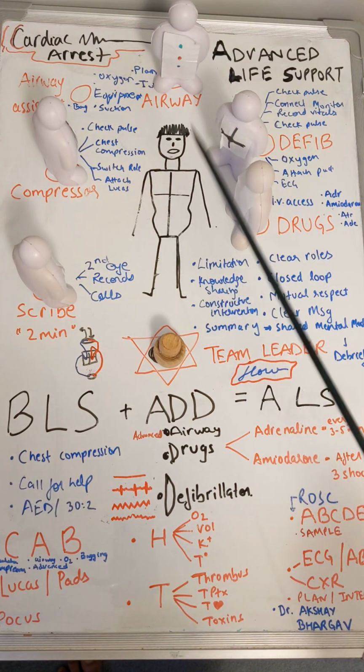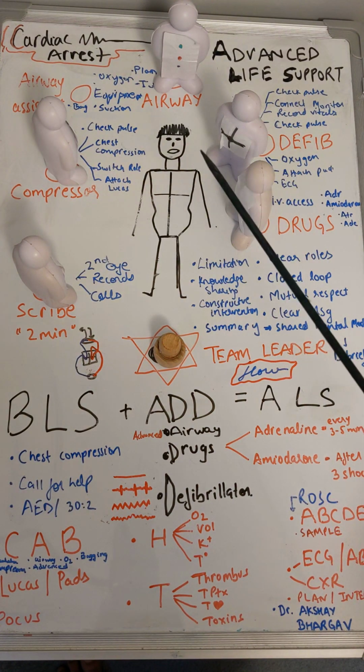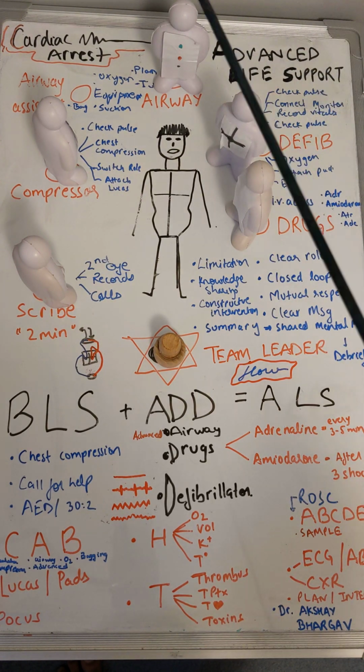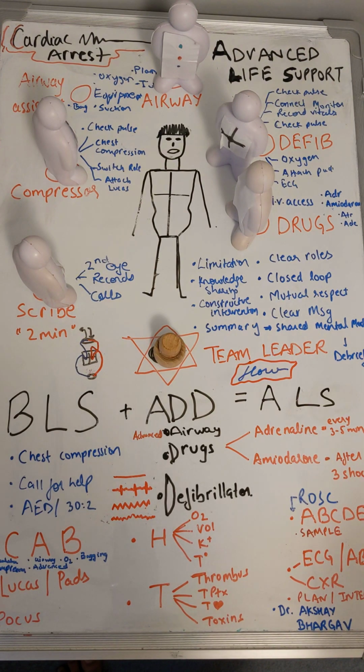So by shocking it, at least you can get the heart beating in a normal manner. And then you would do chest compressions. So non-shockable, continue chest compressions immediately, and if shockable, shock the patient and continue chest compressions immediately. That's the only difference of shocking and not shocking.